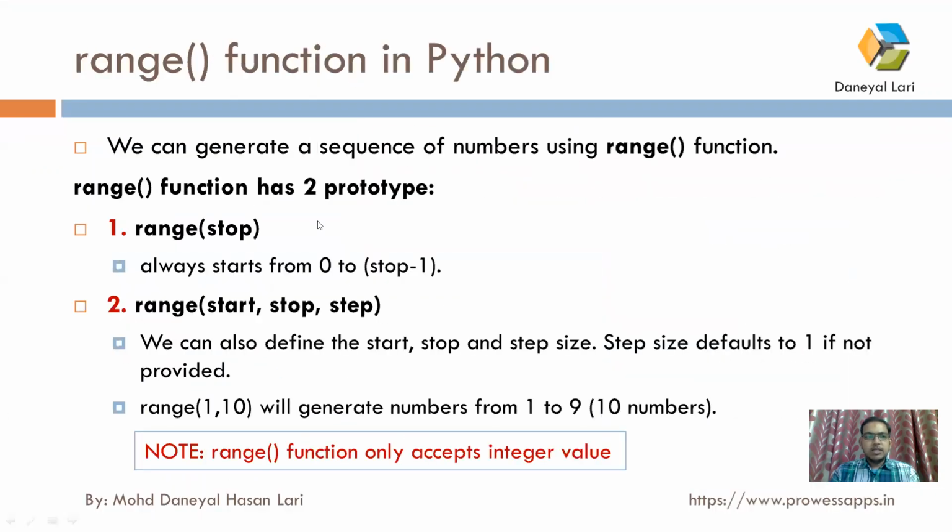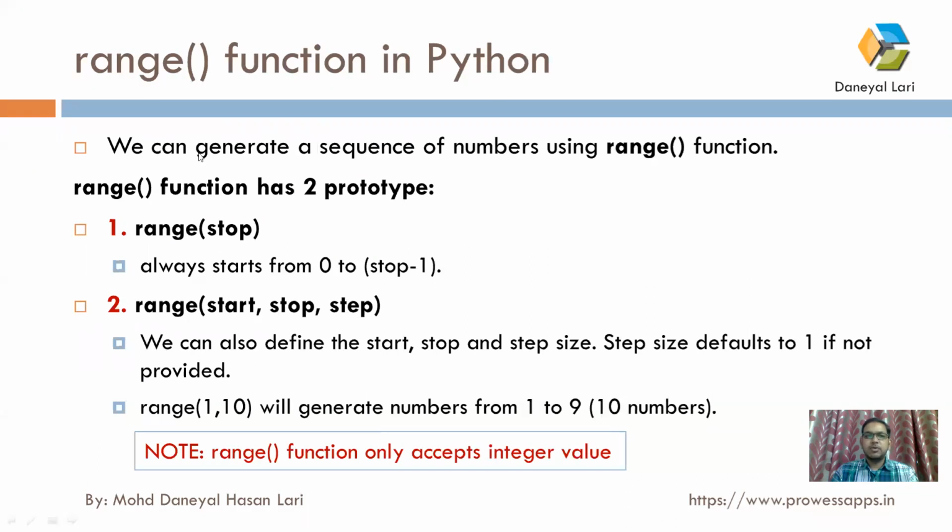Next one is the range function, and the range function is very important because it is very common to use the range function in applications and in a for loop. So what is the use of the range function? First, understand the range function is a built-in function, and you need to use it in your program.